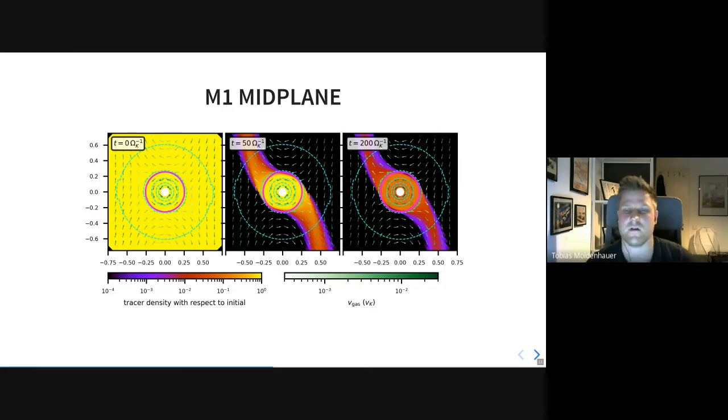So this region recycles very slowly. And then if we go to 200 omega Kepler inverse, you can now see that even this inner region is no longer yellow. So a lower concentration of tracer fluid. So everything eventually is being recycled. And you can now also see how it's being recycled. So the gas leaves through these horseshoe orbits in the midplane.